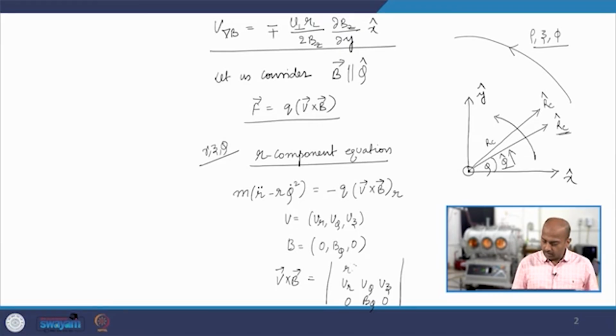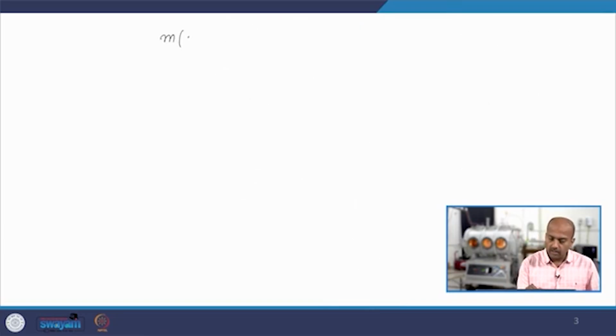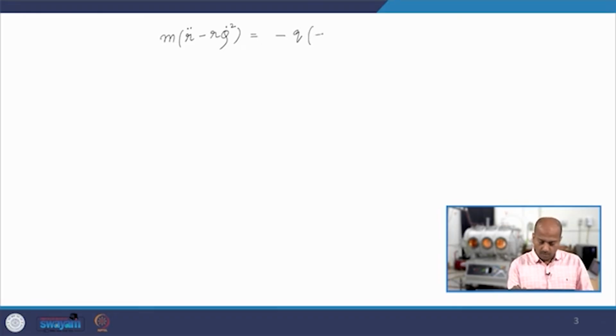The choice of unit vectors could be r cap, phi cap and z cap. After expanding the cross product, we can write m times r double dot minus r phi dot square is equal to minus q times minus Vz B phi, or it is equal to q Vz B phi.